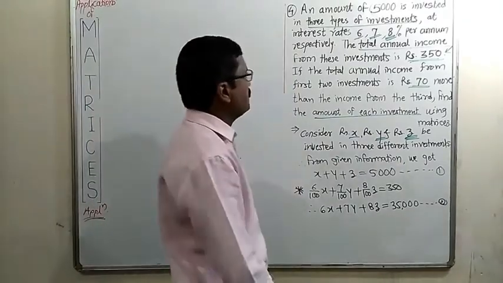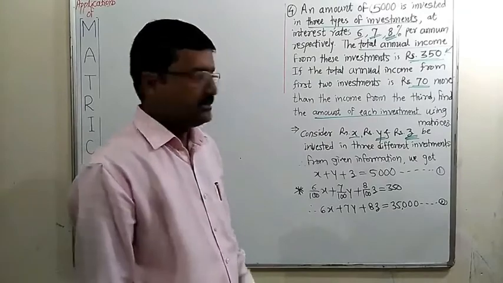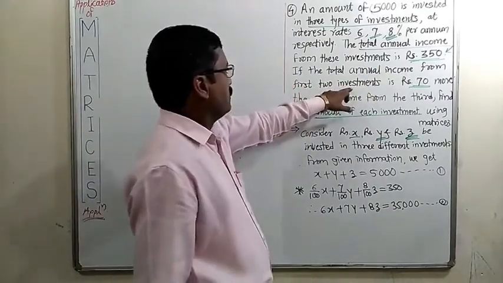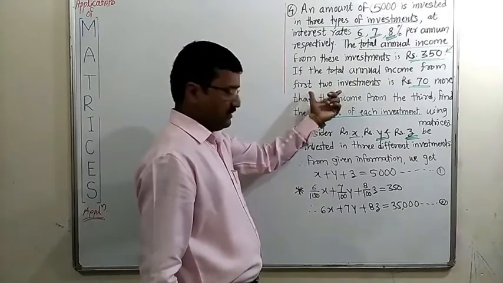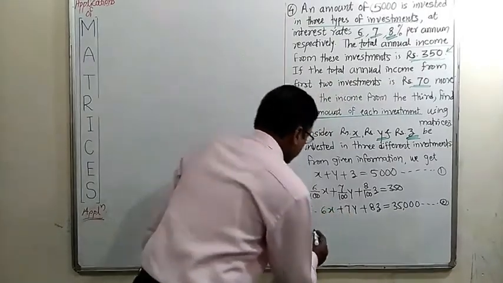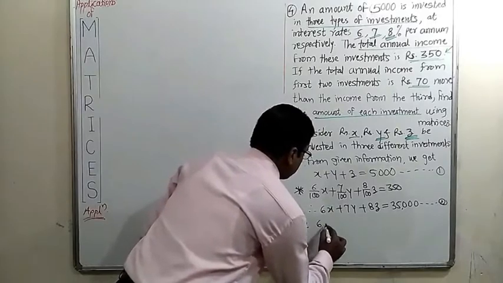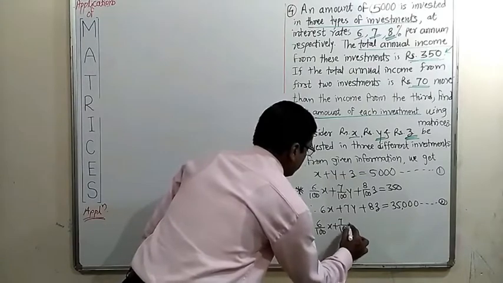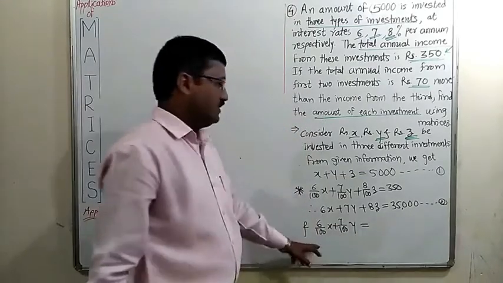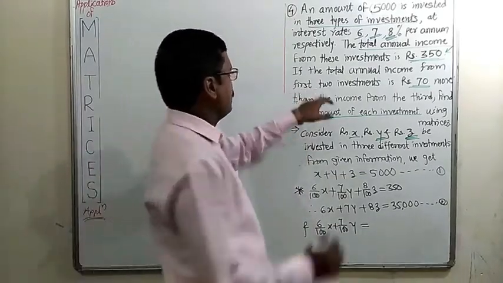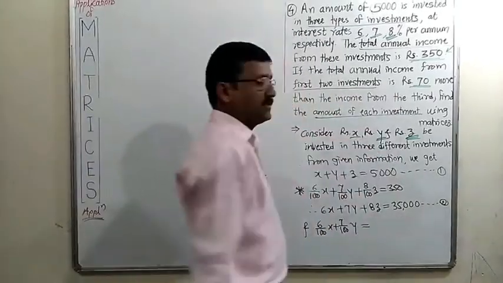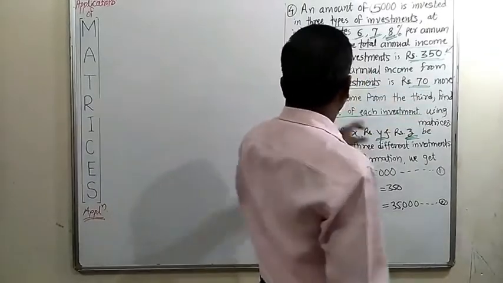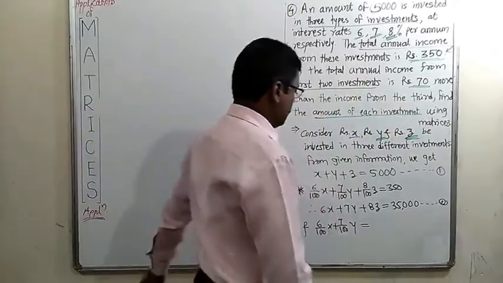Now let us move towards the third condition. What is given further? The total annual income from the first 2 investments. What will be the annual income from the first 2 investments? It will be 6 upon 100 X plus 7 upon 100 Y. This is the total income from the first 2 investments. So this total is rupees 70 more than the income from the third. What is the income from the third?